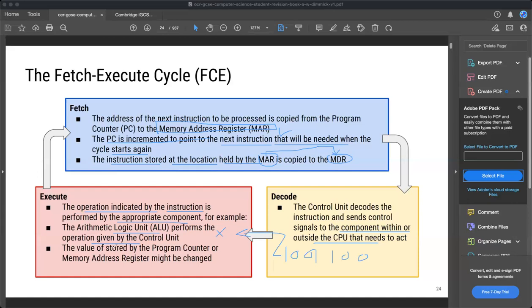So the value stored by the program counter or memory address register might be changed. It means that if the instruction does not have any ALU work like plus, minus, divide, multiply, our instruction will be executed and converted back into computer science in the original form. That is called encoding.